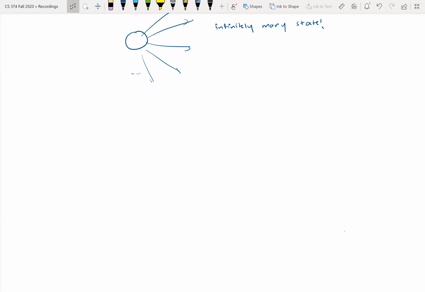So this might be an easy way to remember how to prove languages are not regular. If I give you a language L to prove that it is not regular, then you give me an infinite fooling set. It is very important that this fooling set is infinite.